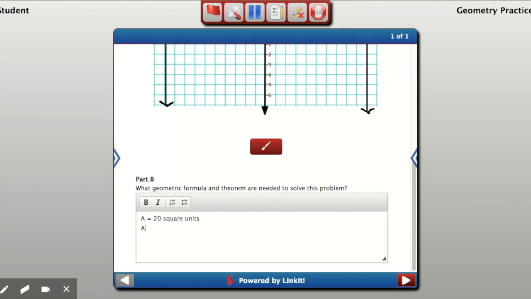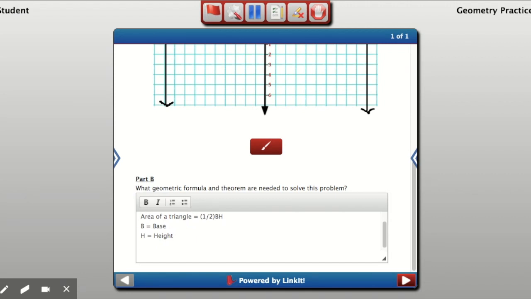After that, I used the formula for the area of a triangle. And that was equal to 1/2 base times height. Now, in case your reader doesn't understand, we can specify B is for base and H is for height.